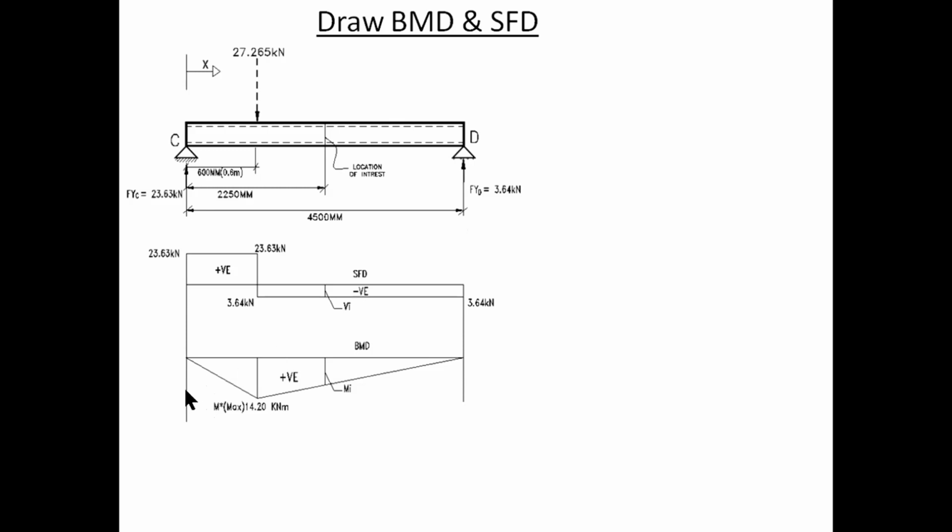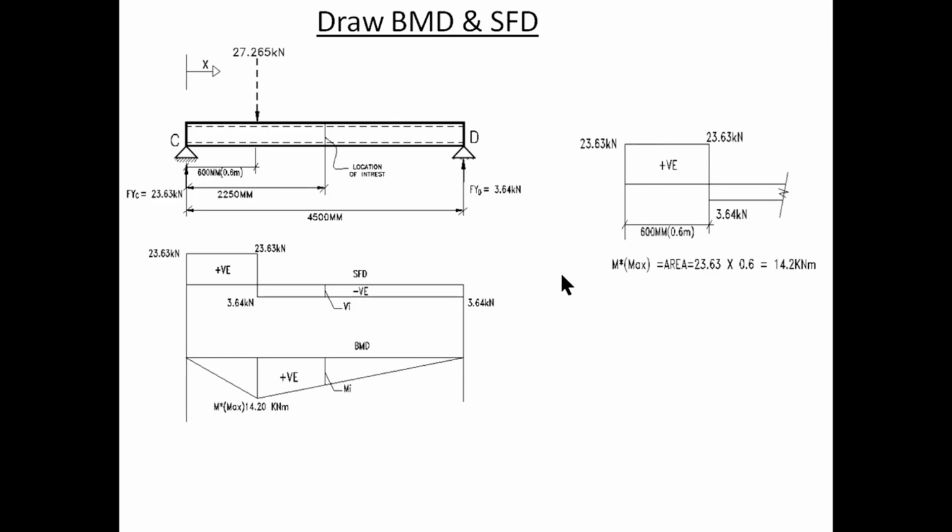Now I hope so far this is straightforward and easy. Then the bending moment diagram is simply the antiderivative of the shear force diagram. The slope of the moment diagram is basically the area of the shear force diagram. So from the left side we can say the area is 23.63 multiplied by 0.6, which is 14.2 kilonewton meters.